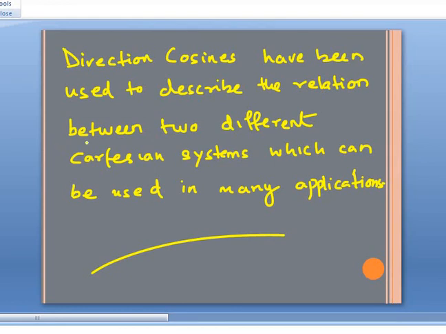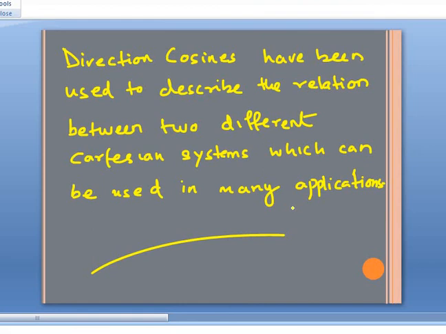So why did we do all this exercise? What is the need? To summarize, direction cosines have been used to describe the relation between two different Cartesian systems, which can be used in many applications. Now, what is the need for direction cosines here? The chapter is about finding the kinematics and dynamics of a rigid body.